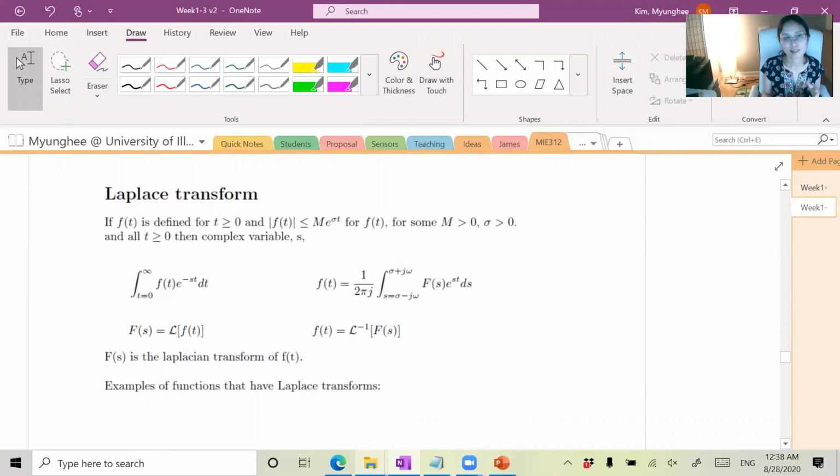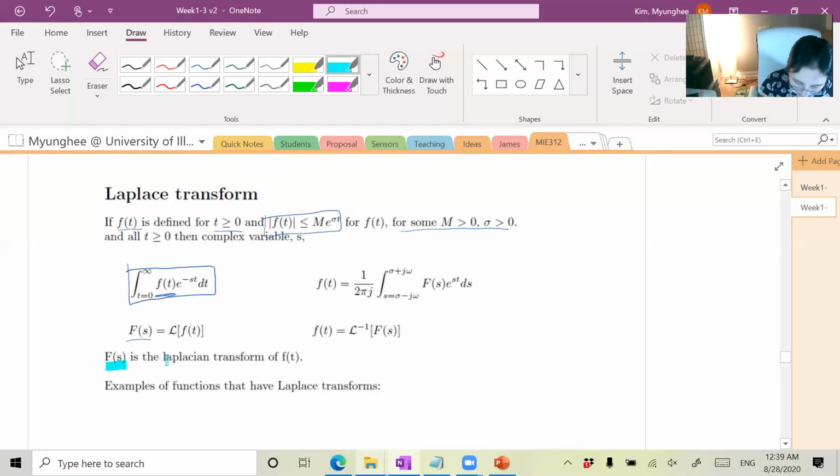So let's review what the Laplace transform was. We can change time domain to Laplace domain through these operations. So here is a formal definition. F(t) is defined for this, and the magnitude is bounded for some M and sigma, and then this exists, and then you can get a Laplace transform of F(t).